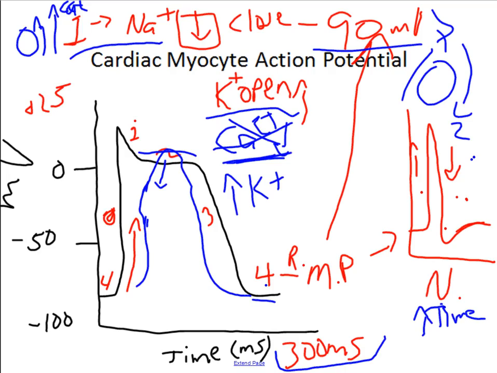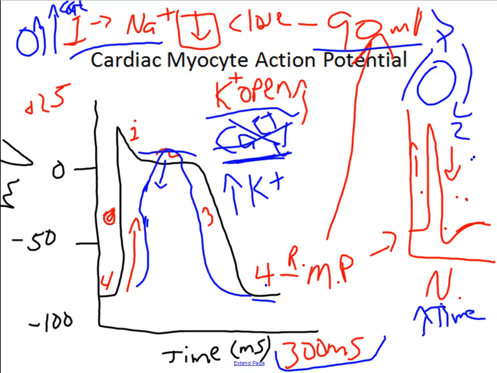And then, like I said, understand the basic events of each phase. Again, phase 4 of a cardiac myocyte is just resting membrane potential. Phase 0 would be the fast sodium channels opening. Phase 1 would be the sodium channels closing, potassium starting to move out. Phase 2 would be the plateau phase: potassium moving out, but an equal amount of calcium also moving in, creating the plateau.